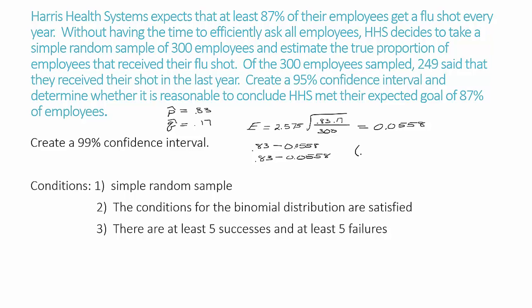That gives me a confidence interval of 0.774, and again I'm rounding to 3 significant digits, to 0.886. So I am 99% confident that the true population proportion for flu shots is between 0.774 and 0.886.